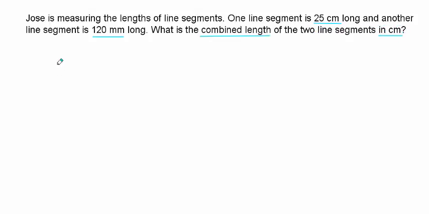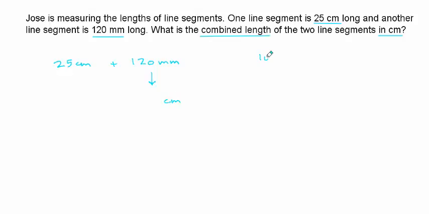So we have two line segments, one is 25 centimeters long and the other one is 120 millimeters long. We need to find the combined length, which means you got to add them up. But the problem is, this one is in centimeters and this one is in millimeters. And the answer needs to be in centimeters. So your job is to change this 120 millimeters to a certain number of centimeters.